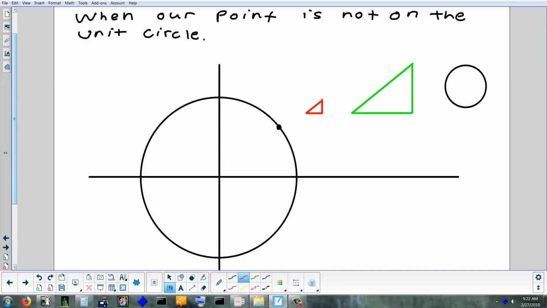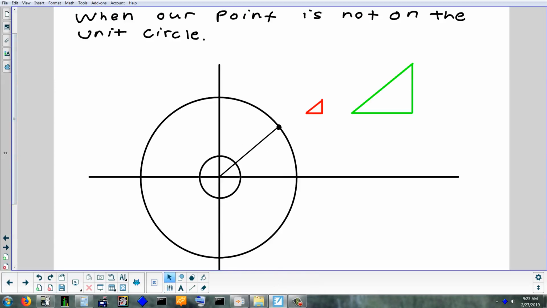Let's say that this is my unit circle. That small circle in the middle has a radius of 1. I'm going to put a point on the circumference of that small circle.